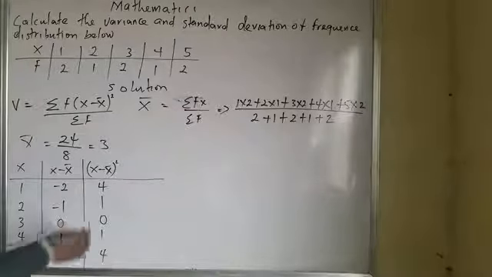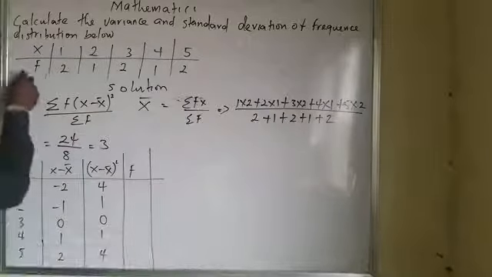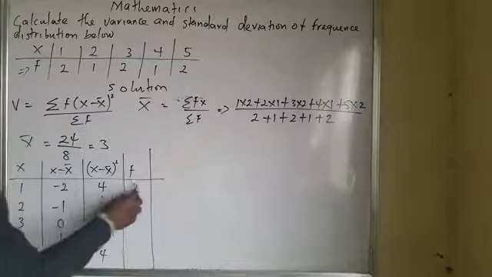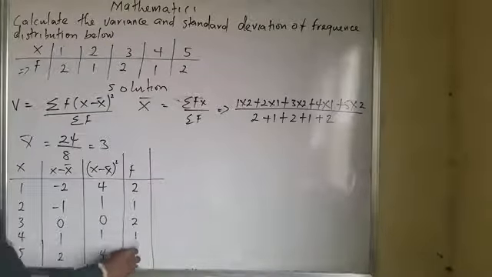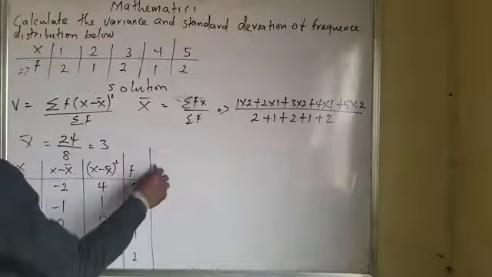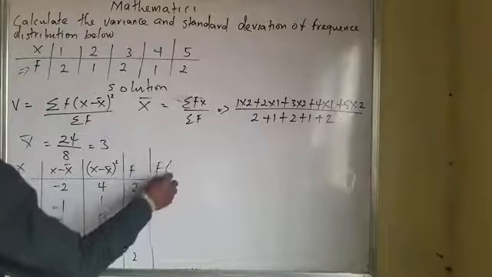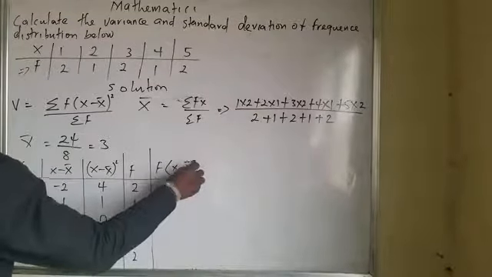Now the next thing is my frequency, which is given from here: 2, 1, 2, 1, 2. Now the next thing I need is the summation of f times (x minus x bar) squared.